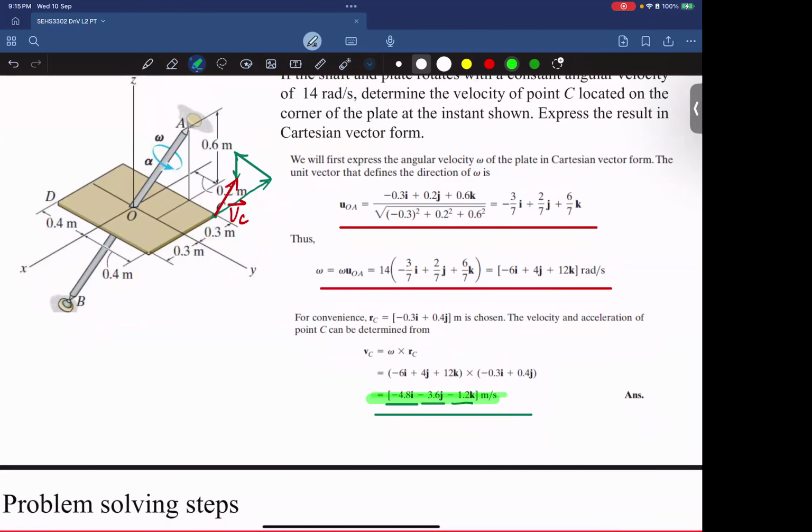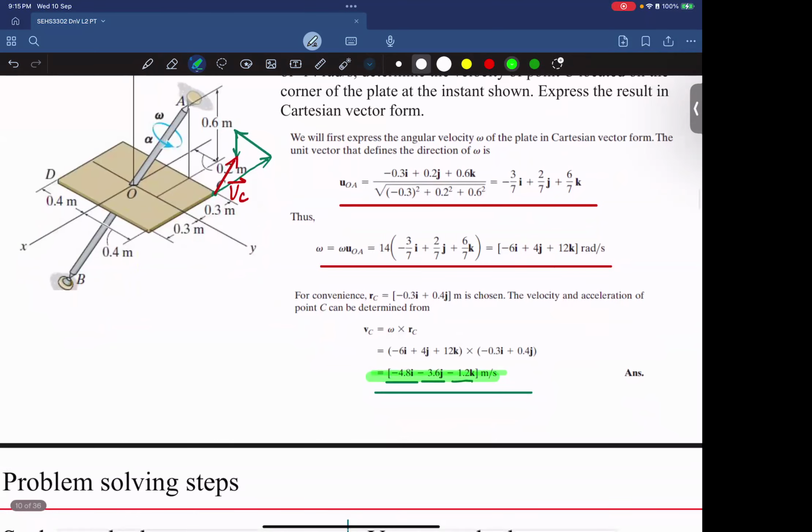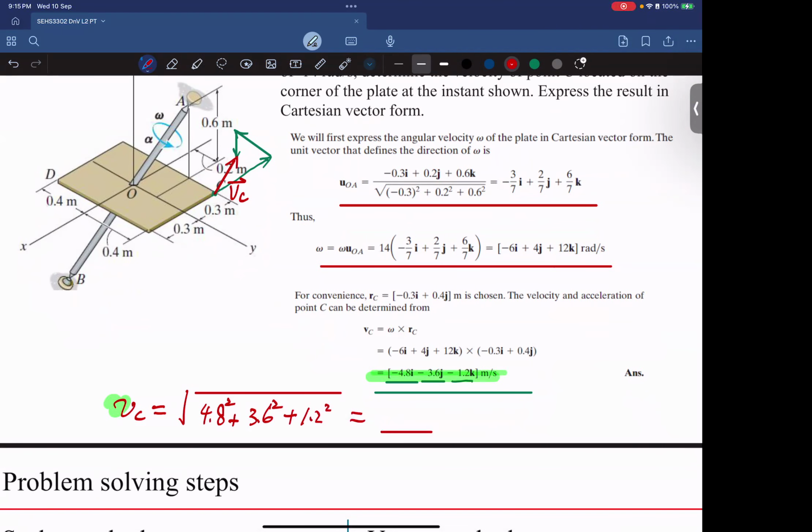I mean, how fast the point C moves? We can use the magnitude of VC, right? Magnitude of VC is the square root of 4.8 squared plus 3.6 squared plus 1.2 squared. We can get the answer.